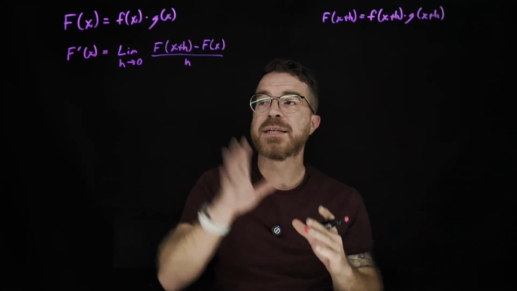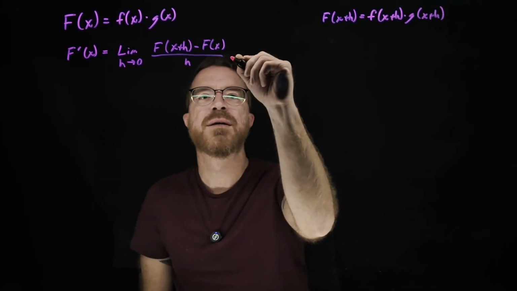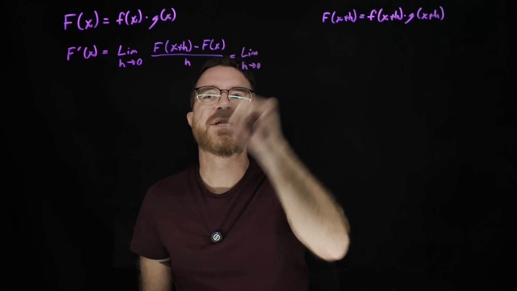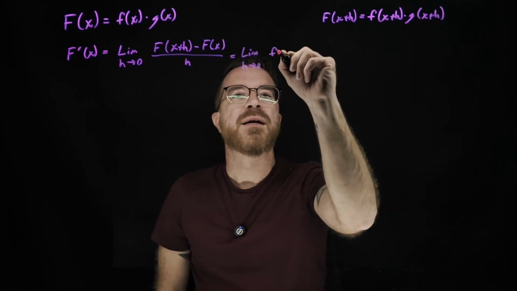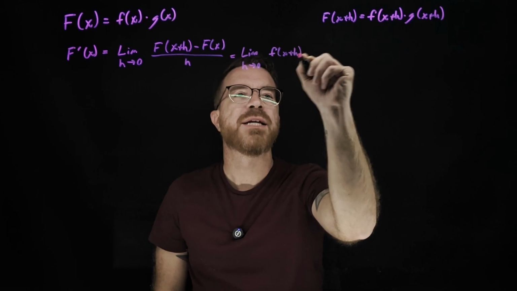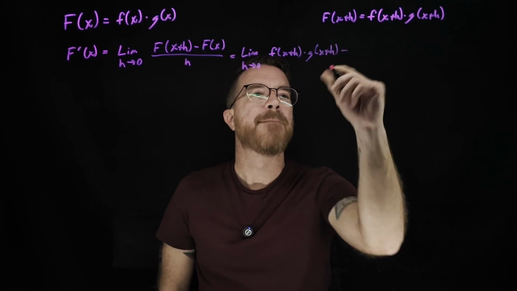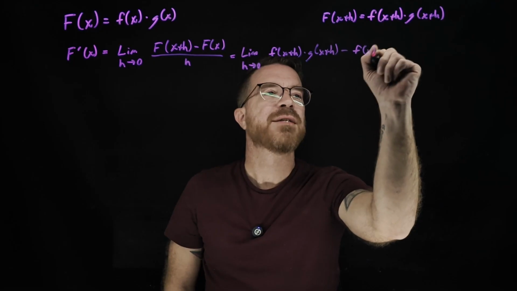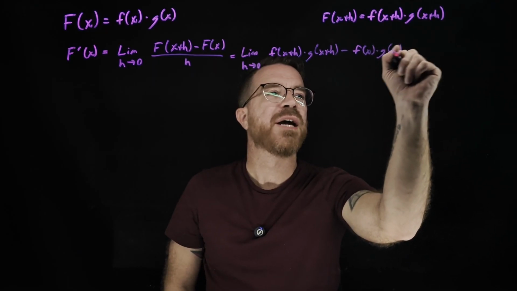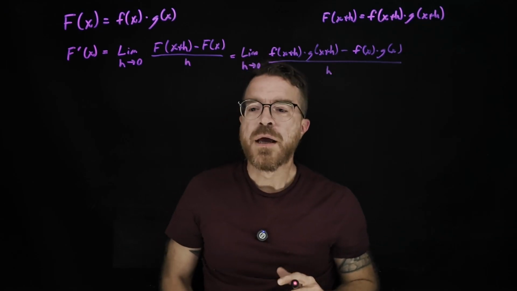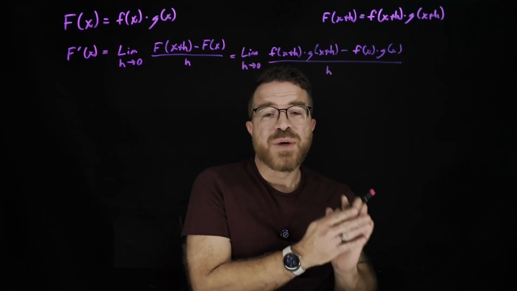So now plugging this in, this makes our limit, the limit as h goes to 0, f of x plus h times g of x plus h minus f of x times g of x, all divided by h.